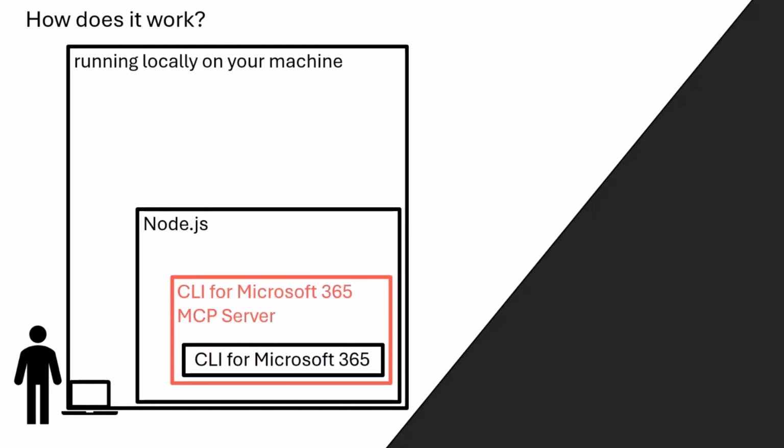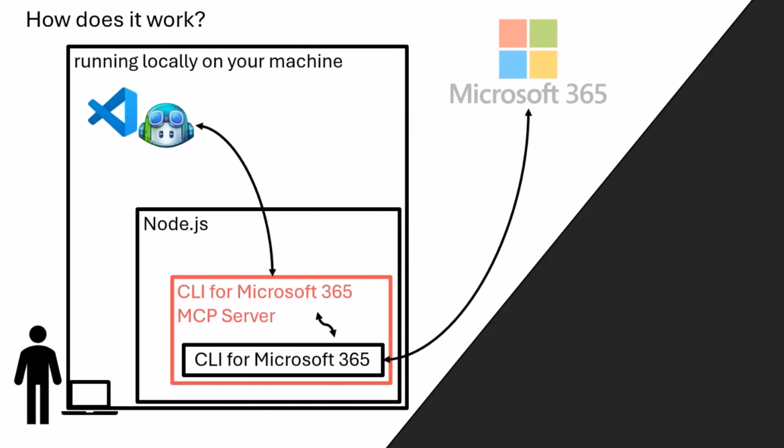So this MCP server wraps around the CLI for Microsoft 365, and when you are using some MCP client and speaking to an LLM, it connects and speaks to this MCP server, which under the hood uses CLI for Microsoft 365, and all of the heavy lifting like auth, which is usually the biggest problem, is handled by this package. CLI is already 7 years old, I guess, so it has a good history of handling many problems like auth correctly, and we didn't reinvent the wheel here. We are using what is already done well.